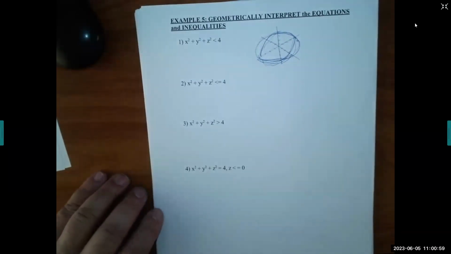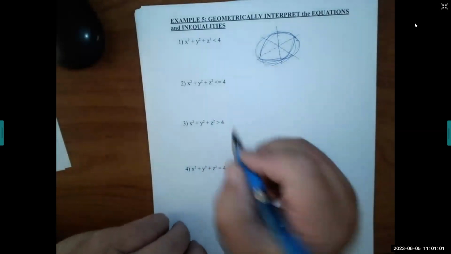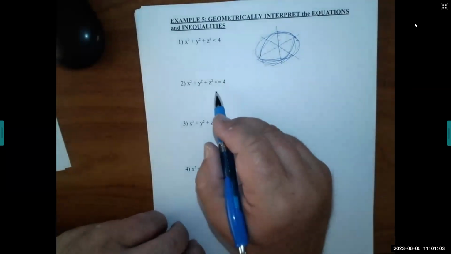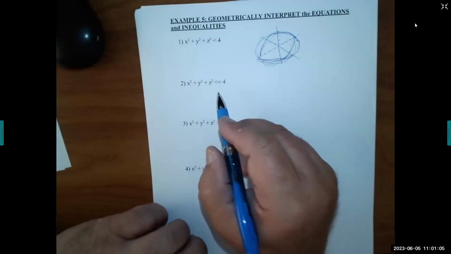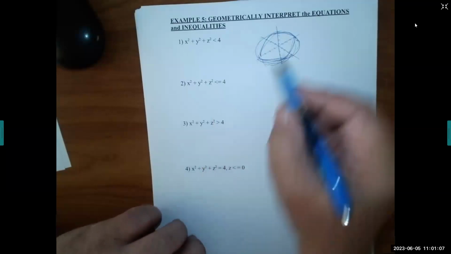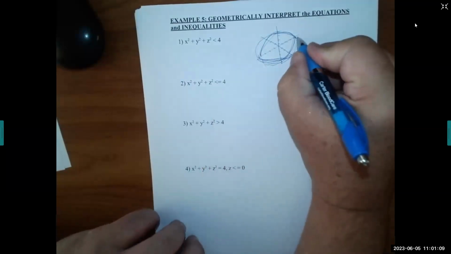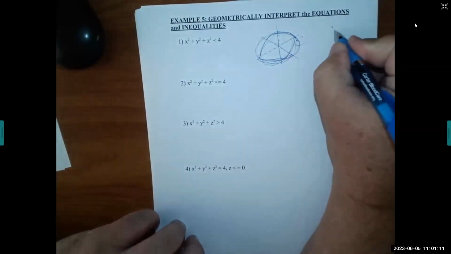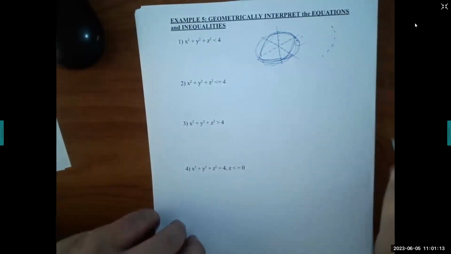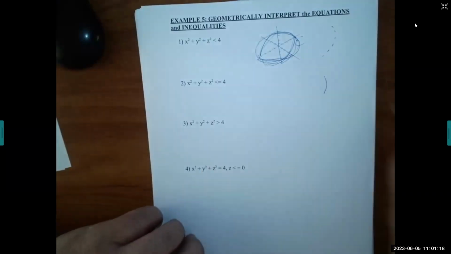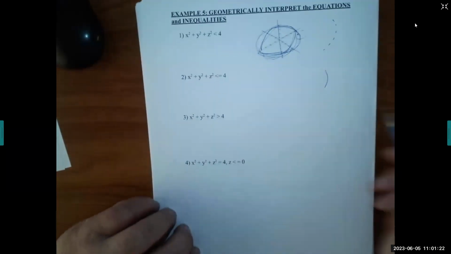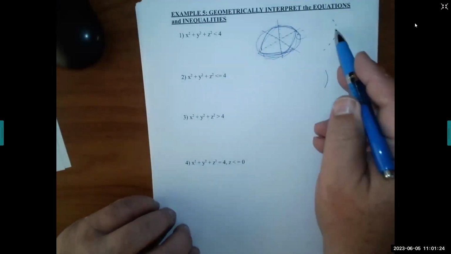It's a ball. What's the second one look like? The sphere, the shell itself. So it looks like this, but this one would have a dotted line on the shell because you can't use it. This one would have a solid outer shell because you can include it. It's equal to. These two are identical. The only difference is the outer limit.